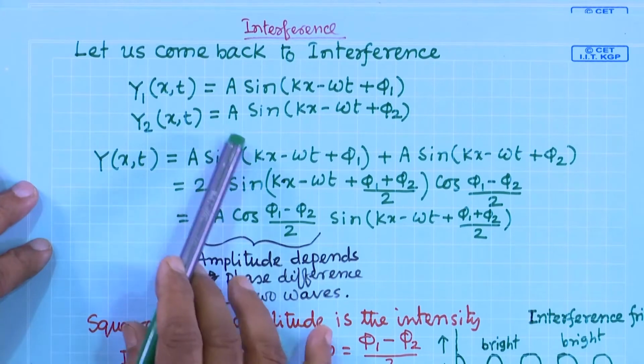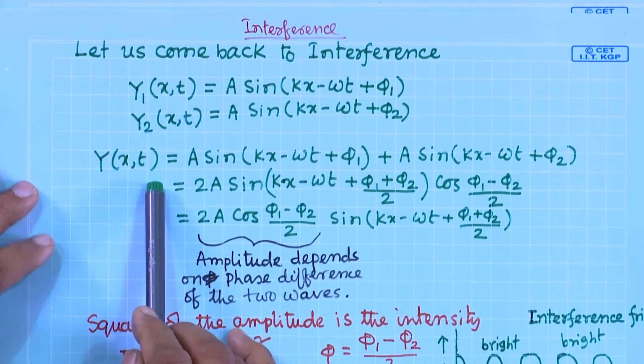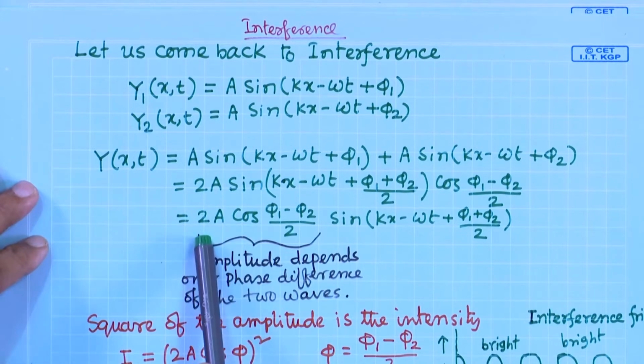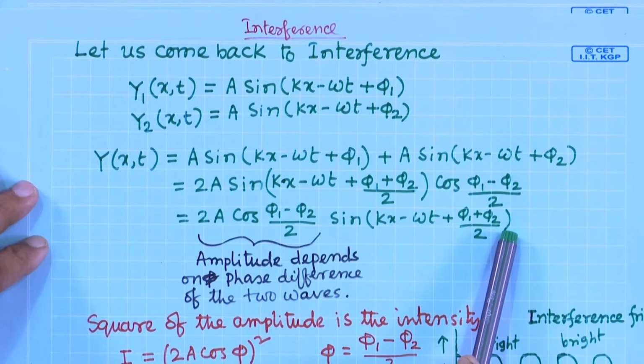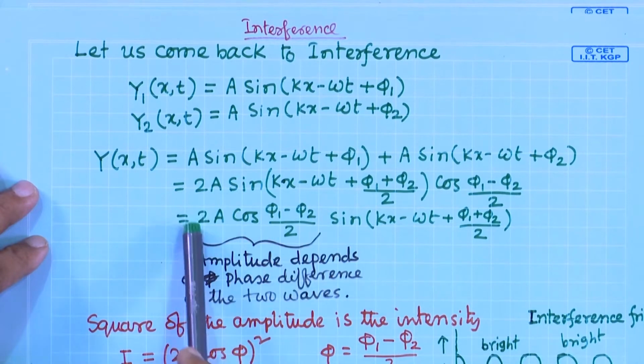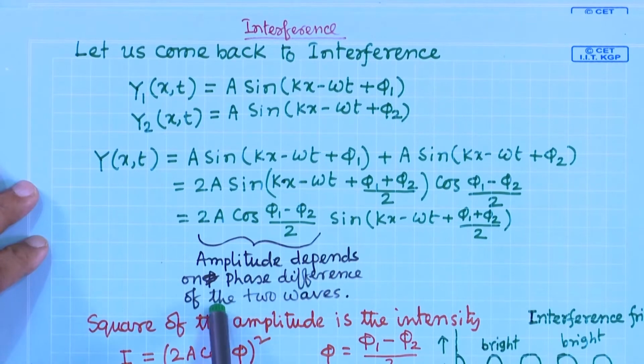Due to superposition of these two waves, the displacement y as a function of x and t comes like this. This is basically a travelling wave, but its amplitude depends on the phase difference of the two waves.